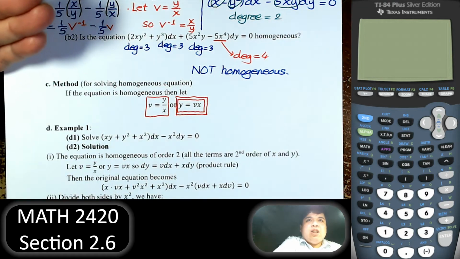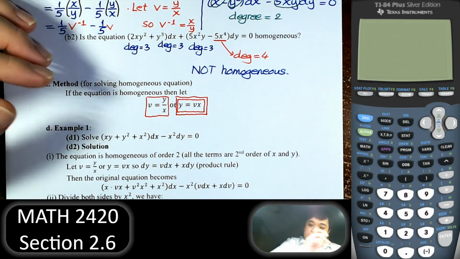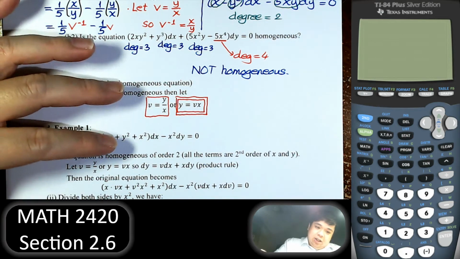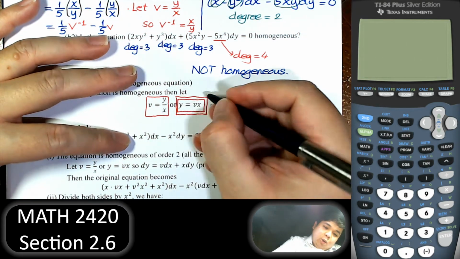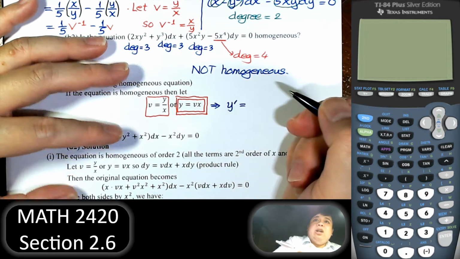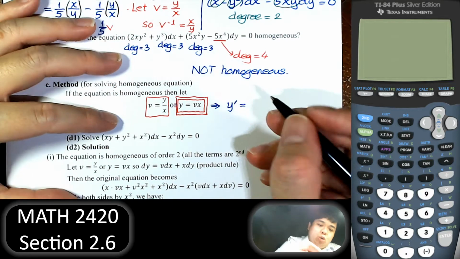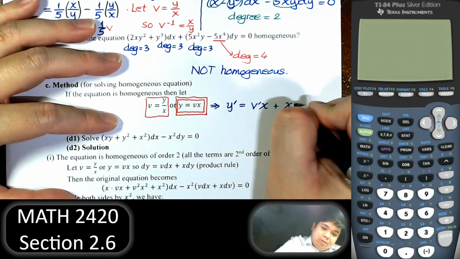Now, if y equals v times x, we can take the derivative, right? So if it is the case, then we take the derivative. We can write y prime equal to, it's just the product rule, v prime x plus x prime v.